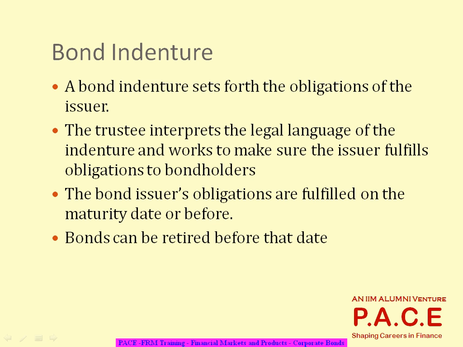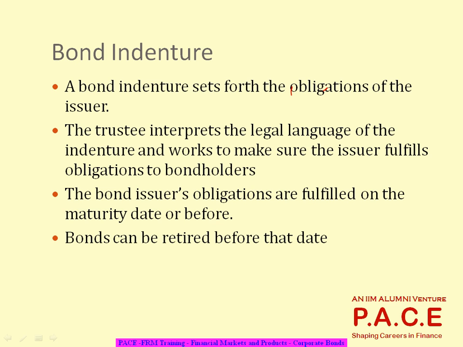It's more like a prospectus. Apart from the prospectus, it clearly specifies what the issuer will do and will not do during this period. These do's and don'ts are called covenants.